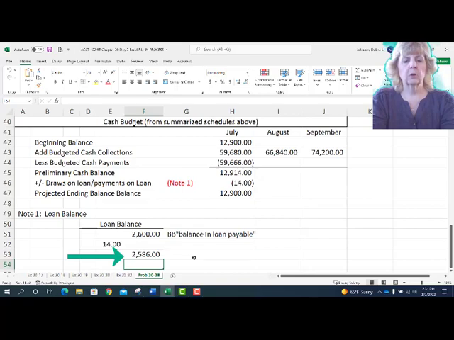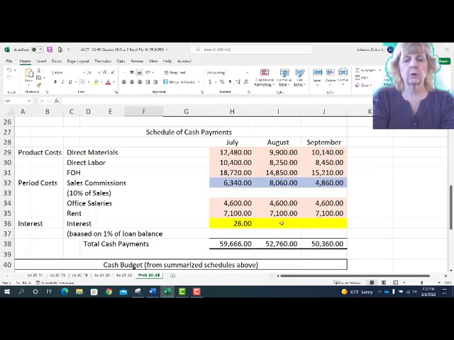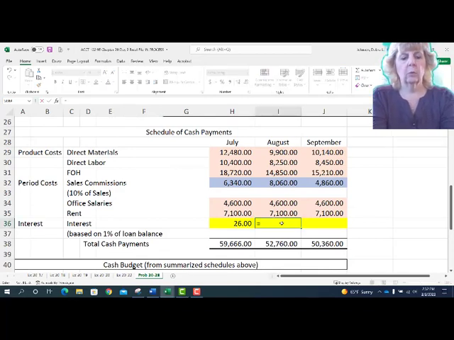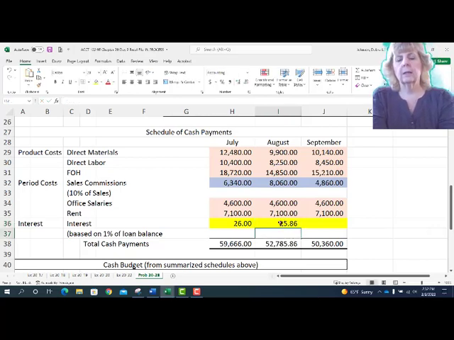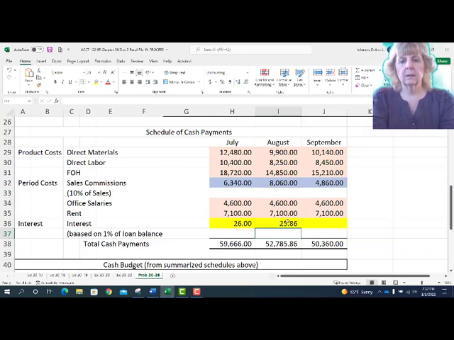So back to our schedule of cash payments, that $25.86 needs interest paid on it. $25.86 times 1%. Again, the Connect directions will probably be to round that, but I'm going to go ahead and leave it as is in this calculation so you can see how the math works.